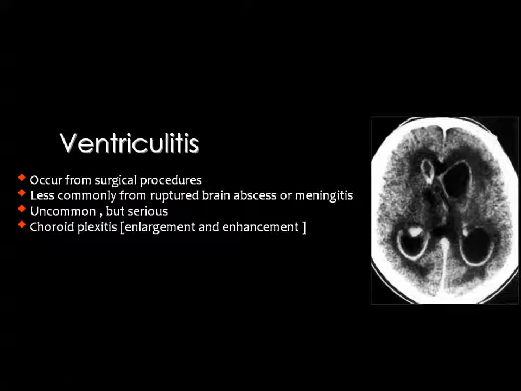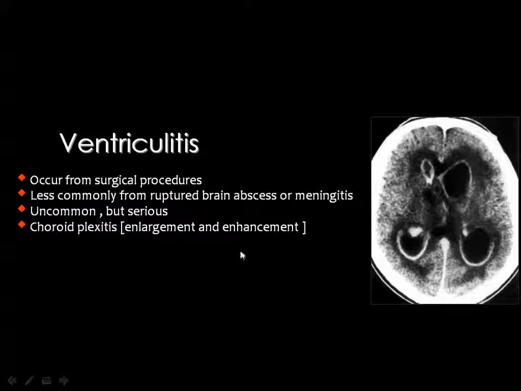Now, I have said that ventriculitis is an easy diagnosis whenever you see that the ventricular wall is thickened and contrast enhanced. Most cases of ventriculitis are usually secondary to surgical procedures, and less commonly from rupture of a brain abscess or meningitis.